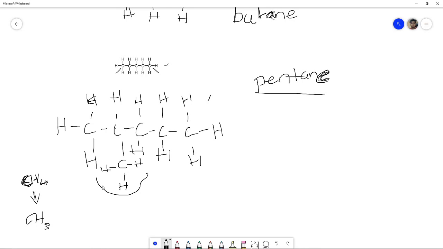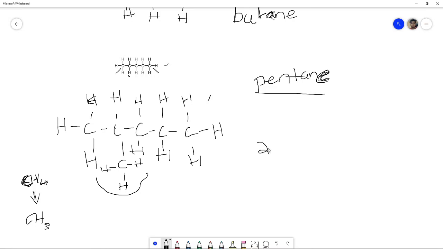So in this case, CH3 is substituting this original hydrogen, if it was just pentane, and it's substituting it at this second carbon. So we got two pieces of information here. We got that it's substituting at the second carbon and that it is a methyl group.